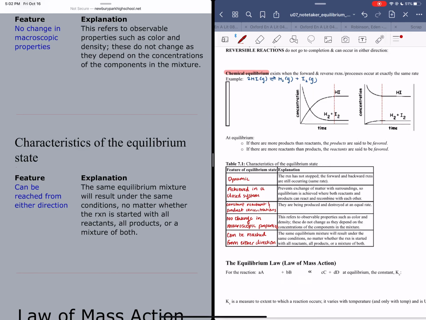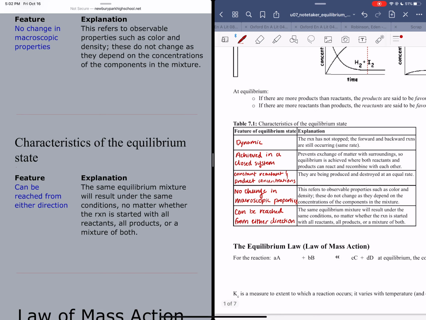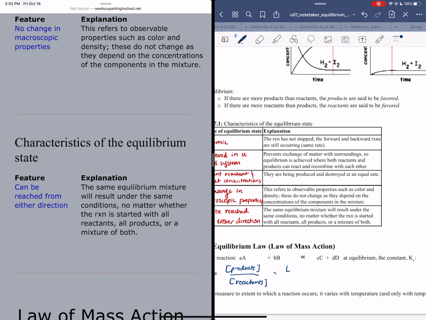The equilibrium law essentially gives us a way we can describe the relative concentrations of products and reactants. In its most basic form, Kc is just the concentration of products over the concentration of reactants, which in effect, according to this, is just C D over A B. Notice that the stoichiometric coefficients are also included in this equation.